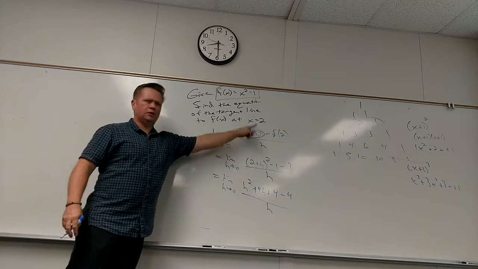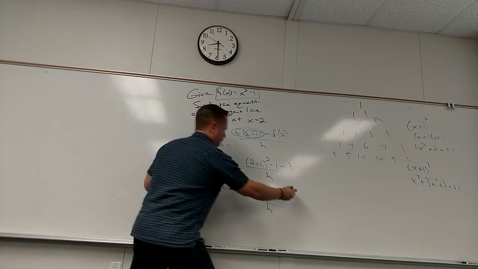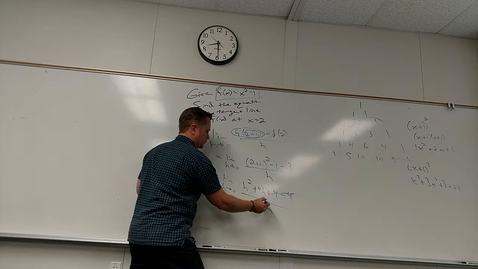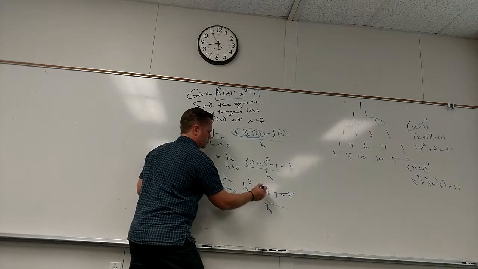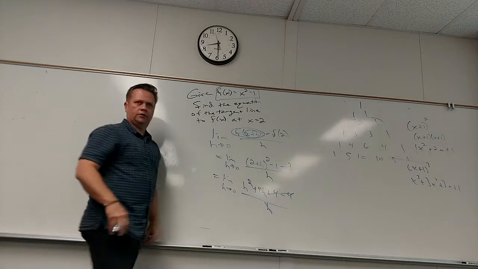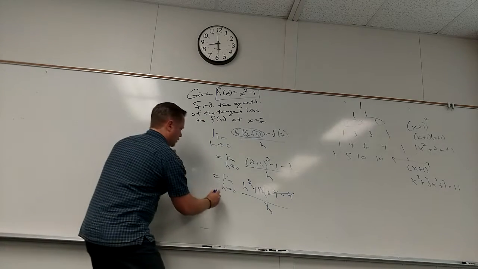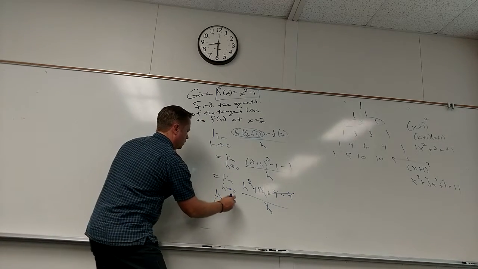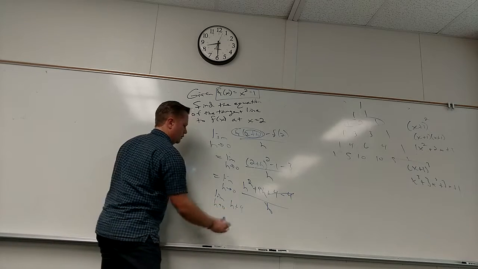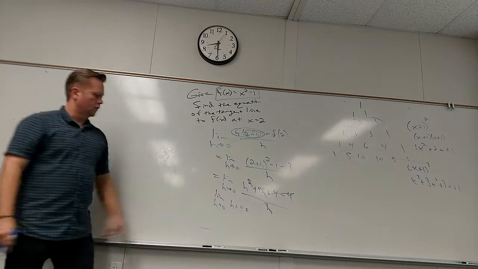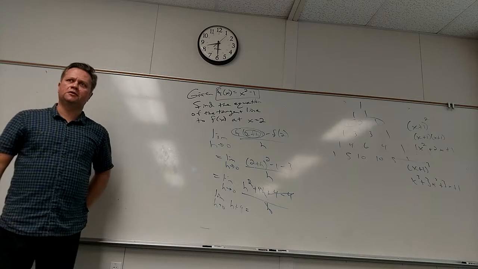Stupid h's, right? And look what happens. The 4's go away. What happens to the h? It cancels, right? So you get the limit as h goes to 0 of h plus 4. And what is that limit? If you let h go to 0, what does h plus 4 go to?